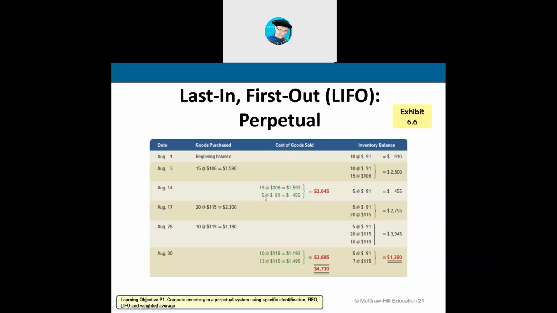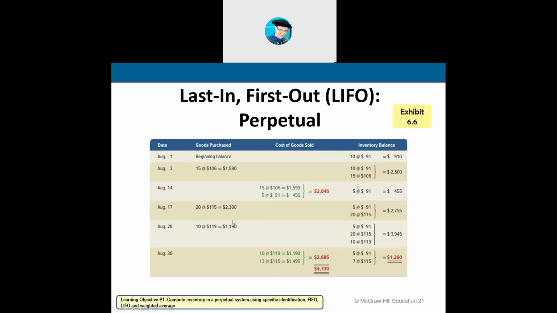And then I sold 5 from my beginning balance at 91, $455. So my total cost of goods sold for August 14th using the last in, first out method is $2,045. And I still have 5 remaining from my original balance.